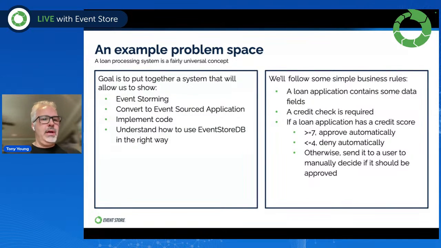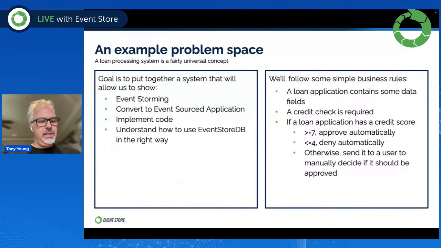So as I mentioned, for our problem space, we're going to choose loan processing. Our goal here is really to find a problem space that allows us to go through all of the concepts surrounding event sourcing, and that would be event storming, building an event-sourced application, implementing code, working with EventStoreDB, the event native database, and using all of its technology in the right way.